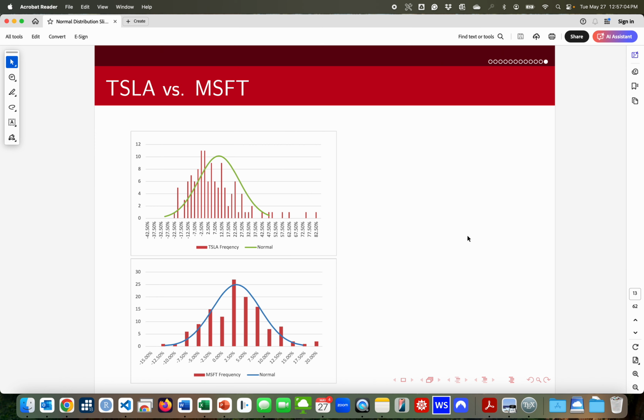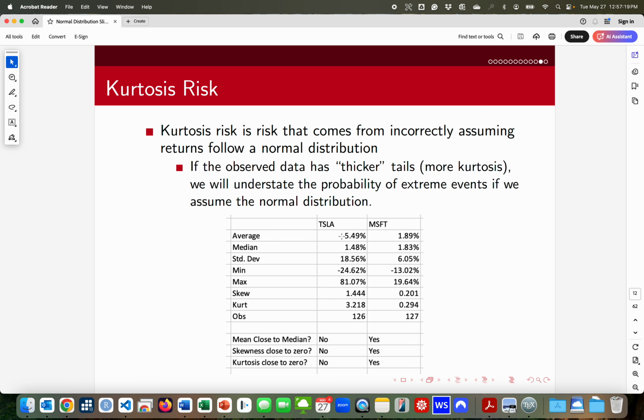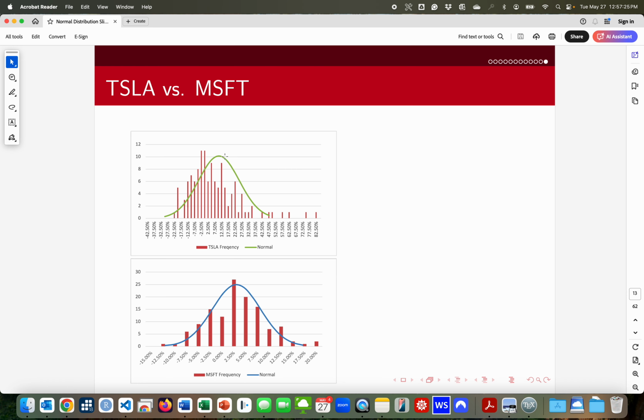And if you're looking at Tesla, what this green line is, this is what we would observe if it were truly normally distributed with the mean and standard deviation that we observe for Tesla. So if we assume that this mean and this standard deviation are true and it's normal, this is the distribution that we would get.